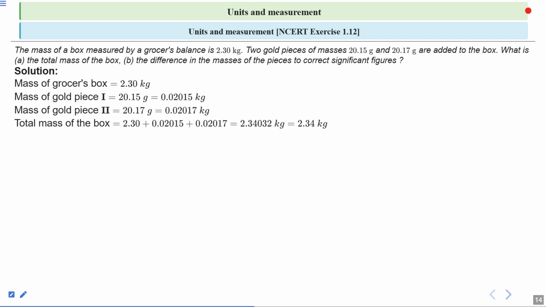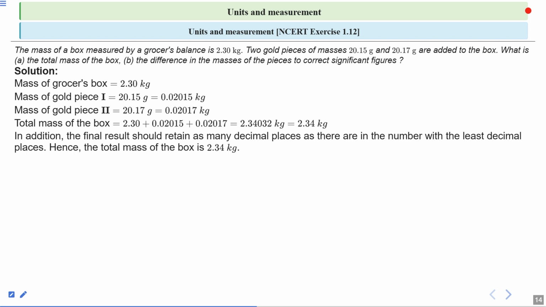It is actually keeping up with the significant figures. Here the significant figures are 3. Here it is 4. Here also 4. But the point is, in addition, the final result should retain as many decimal places as there are in the number with the least decimal places.